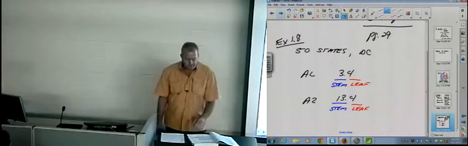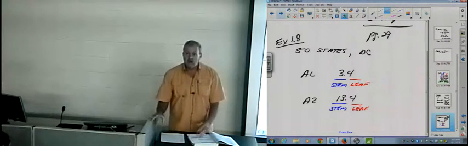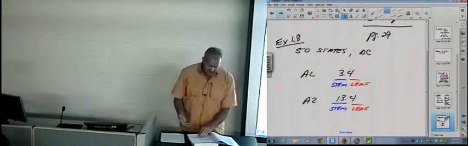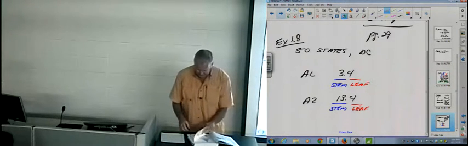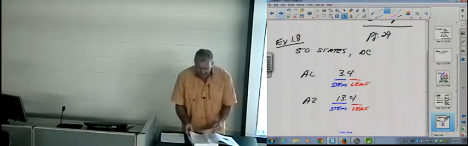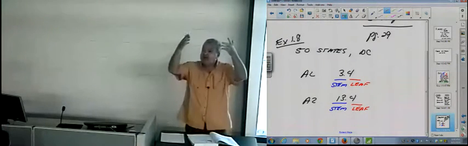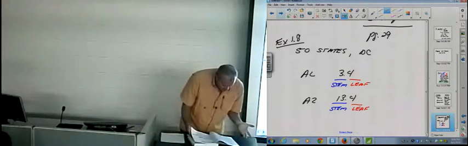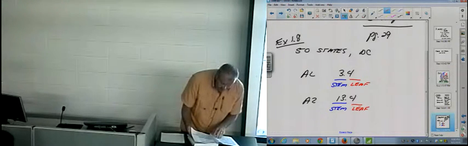Now, when you are done, you'll have all these stems, and the stems here, if I remember right, range from 1 up to 27. In other words, there must be a state here which is 1.3. Which state is that? Oh, West Virginia, of course.